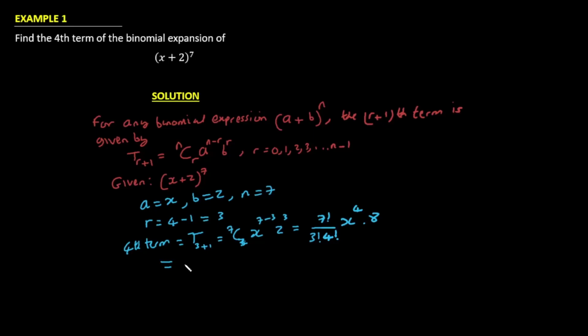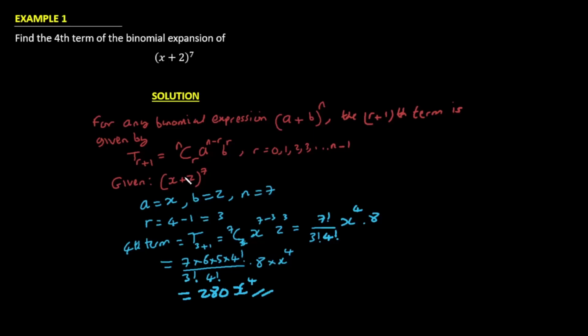Multiplying, we get 7 times 6 times 5 times 4 factorial over 3 factorial times 4 factorial, times 8 times x^4. The 4 factorials cancel, and our result is 280x^4. So that is the answer to this question.